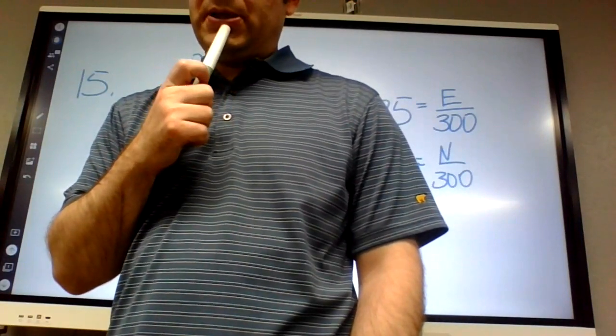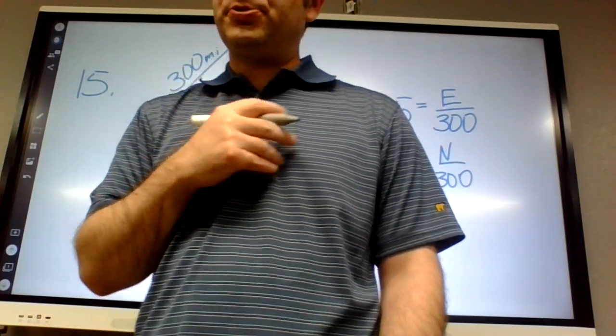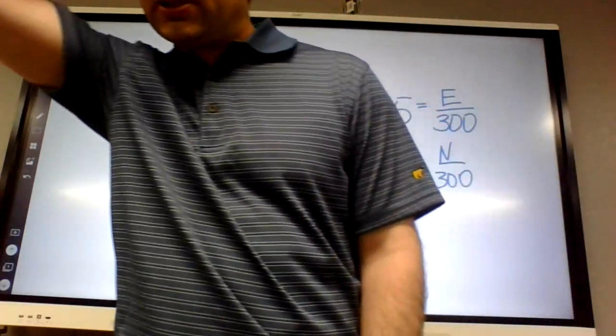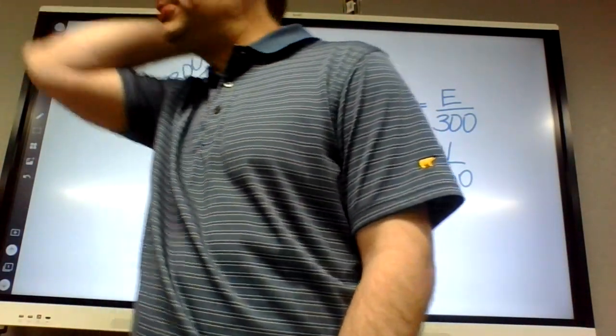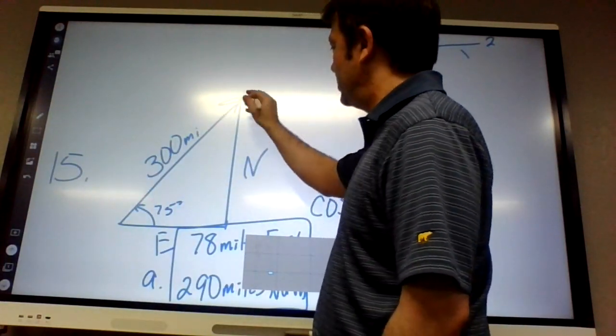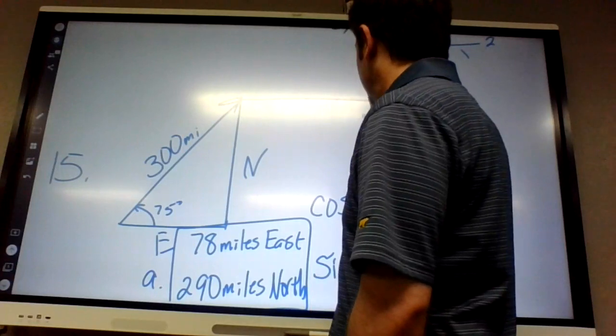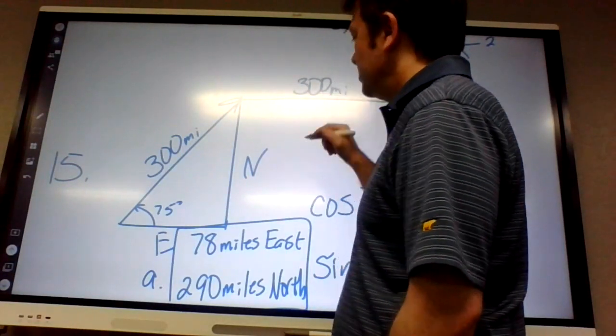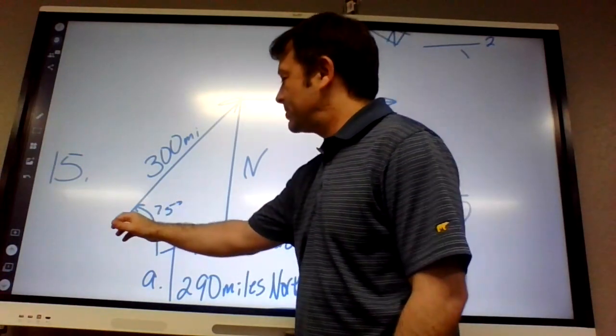So on B, it says if the ship changes course from this point and travels due east for 300 miles. So this is the ship right here. It went 300 miles that way, and then if it goes 300 miles due east, how far is it gone? So basically we need from port.